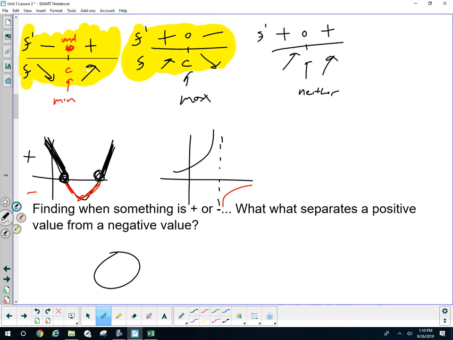I have an undefined value. What would be a third situation? It's also an undefined situation. A jump.